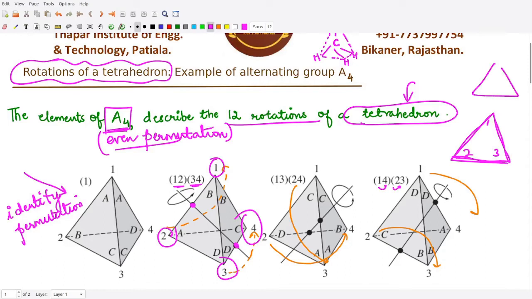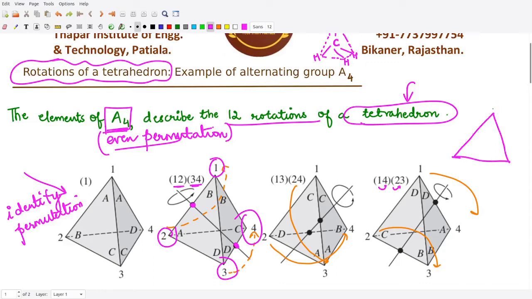We could have it like this, 2, 1 and 3, and we could also have it like this, with 3 here, 1 here, 2 here, and things like that. We can rotate it like this or like this, whatever is suitable to us.